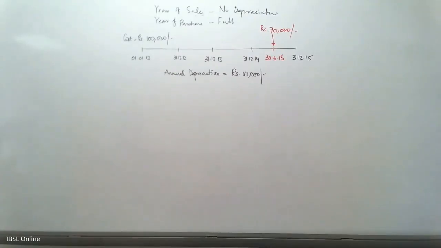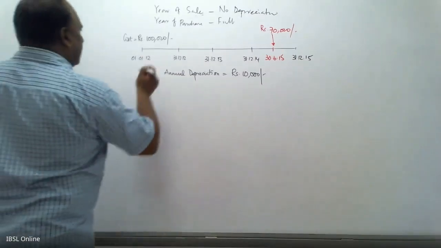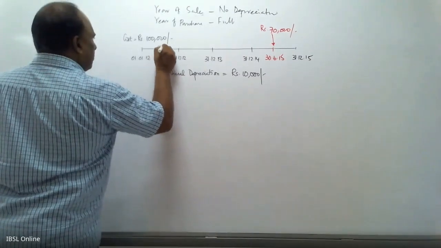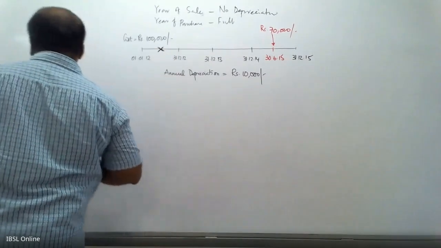In addition, they have spoken about the depreciation policy of the company, which is full year depreciation. Full depreciation in the year of purchase. So year of purchase is this.